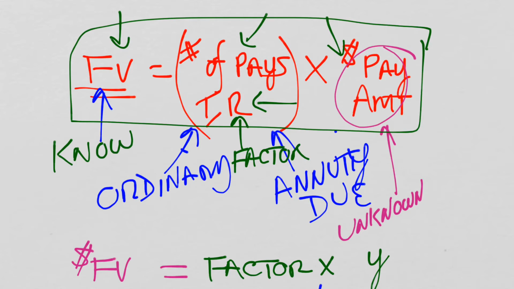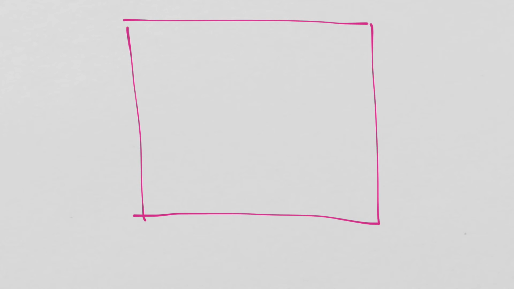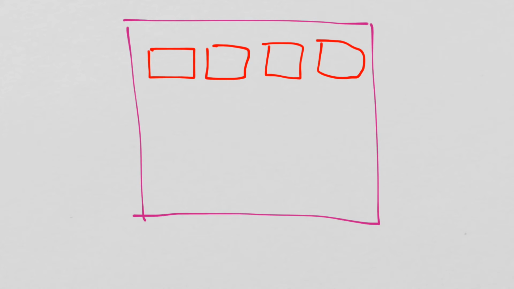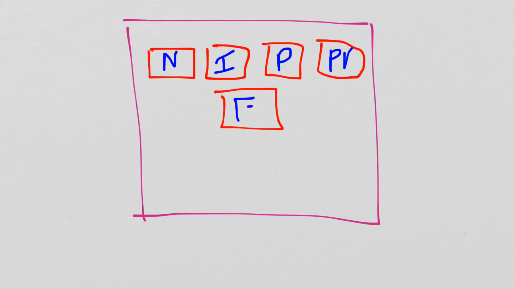Of course, one last thing, just to show you what I was describing at the end of class yesterday, is that your financial calculator, in most cases, comes equipped with buttons, but the buttons will be N for the number of periods, I for the interest rate, P for the payment amount, then there would be present value and future value.